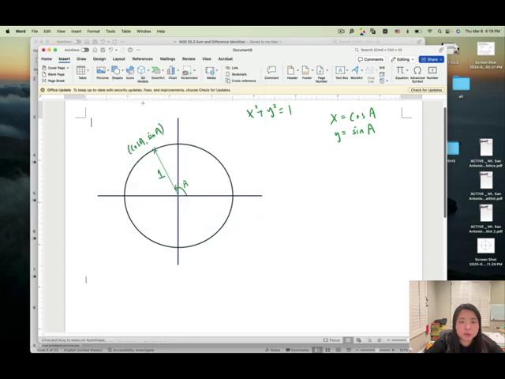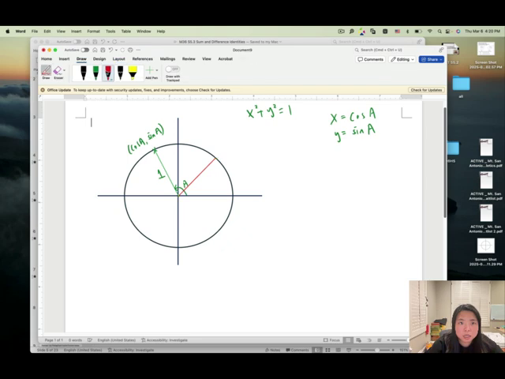And then we have another angle, starting from here, which we call the angle B. So for this coordinate, that will be cosine B, sine B, same idea.